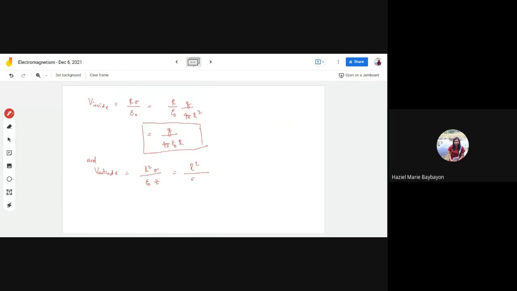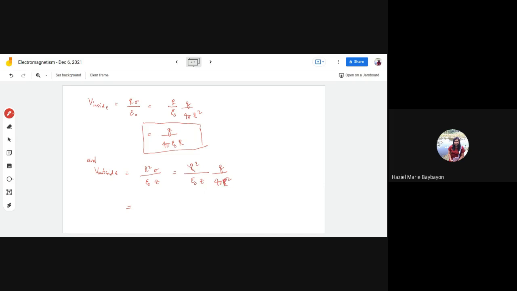So you have epsilon naught z, and then q over 4 pi r squared. This is outside, so this is your big R here.